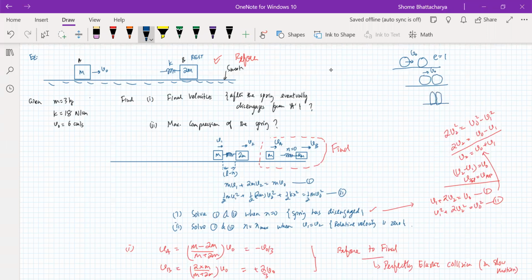At that time, the elastic potential energy becomes maximum, and kinetic energy of the system at that stage becomes minimum. And eventually they come back to their natural shapes. And again, the potential energy becomes zero. So kinetic energy is equal to initial kinetic energy.